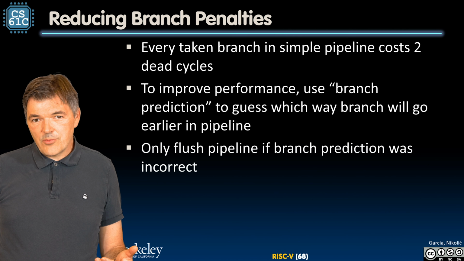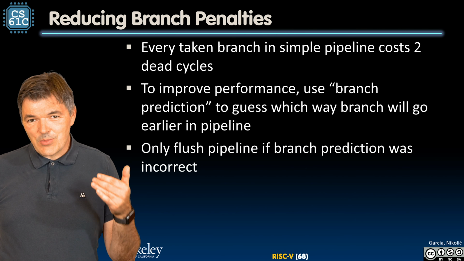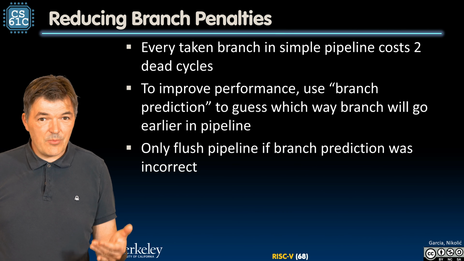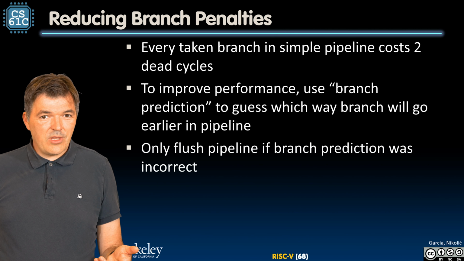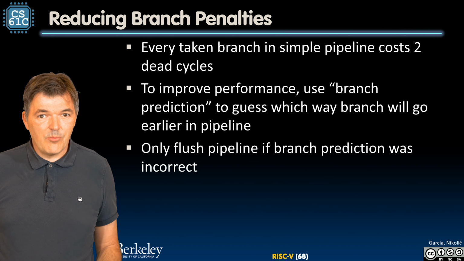So if we predict correctly that this is a branch that is very rarely, 1% of the time, being taken, then we can eliminate most of its penalty.